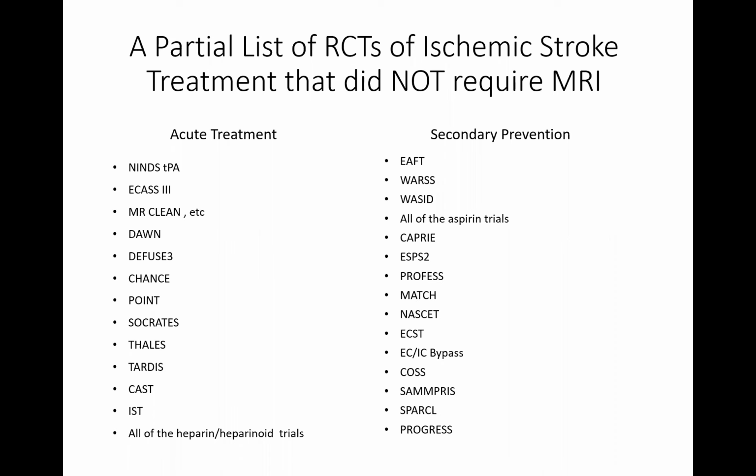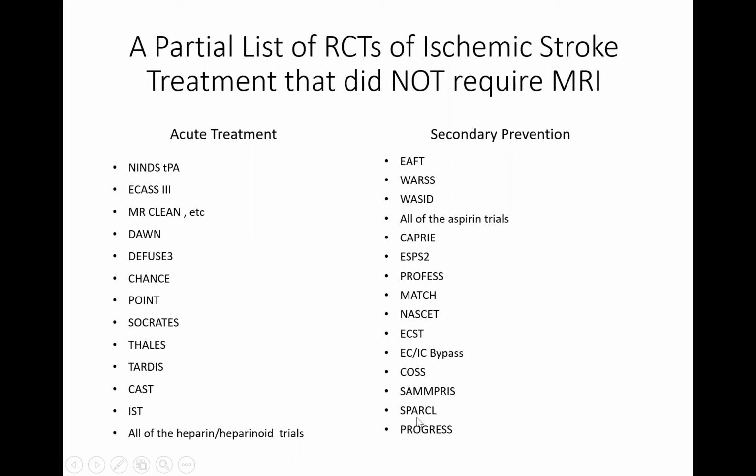And you can see, for those of you who might not know these, the original TPA trial, ECASS-3, all the under 8-hour thrombectomy studies, these 2 thrombectomy studies, the dual antiplatelet studies, the novel antiplatelet studies, Chinese aspirin study, International Stroke Trial, all of the heparin trials that showed that heparin didn't work, and all of these secondary prevention trials, atrial fibrillation, anticoagulation, intracranial stenosis, all of the aspirin trials from the 70s, 80s, and 90s, clopidogrel, on and on, endarterectomy, EC-IC bypass, stenting, statins.